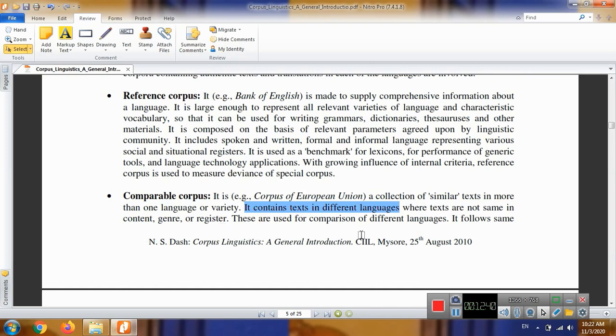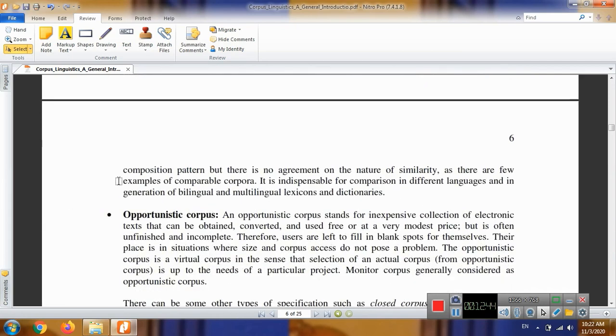These are used for comparison of different languages. If it follows the same composition patterns, but there is no agreement on the nature of similarity, as there are few examples of comparable corpora. It is indispensable for comparison in different languages and in generation of bilingual and multilingual lexicon and dictionaries.